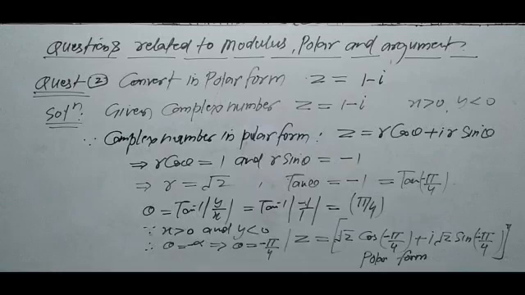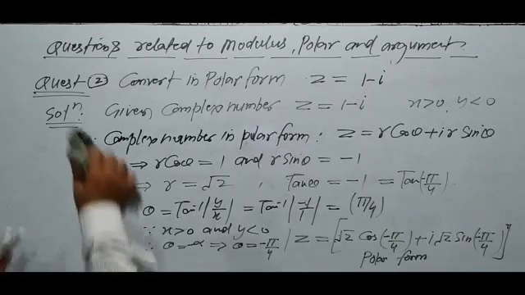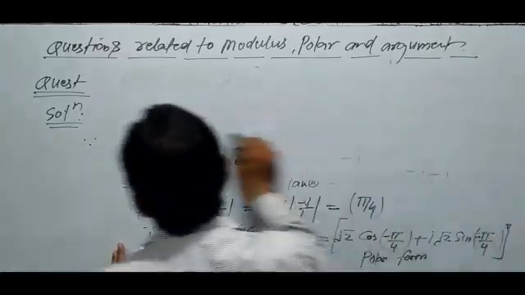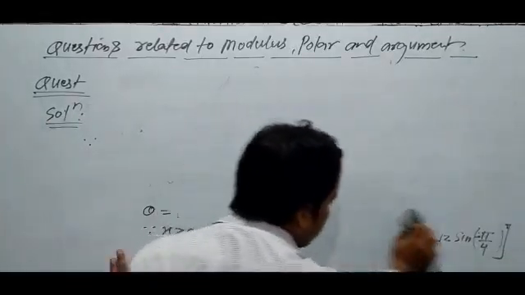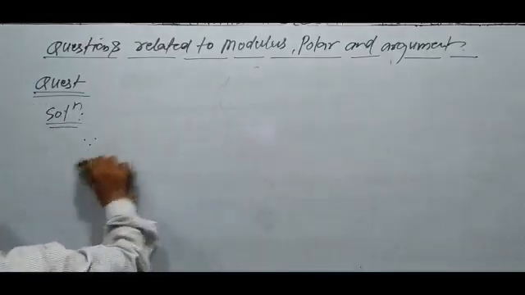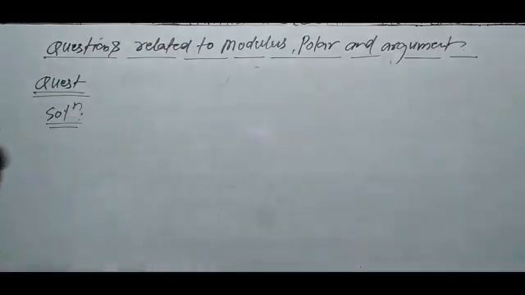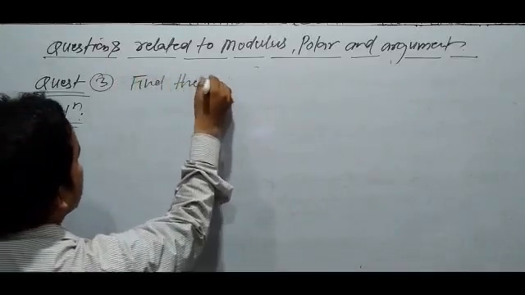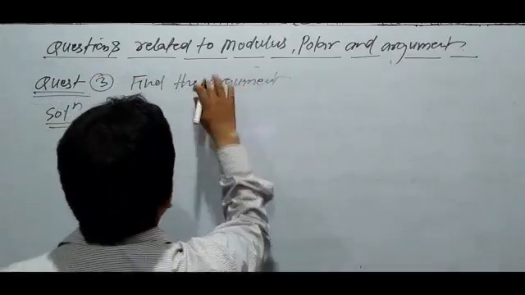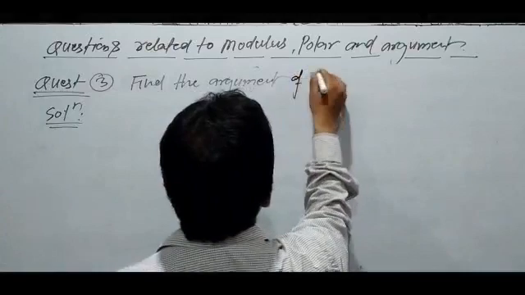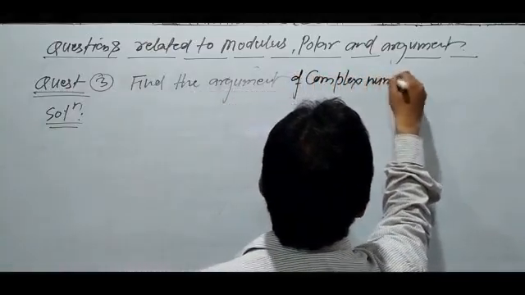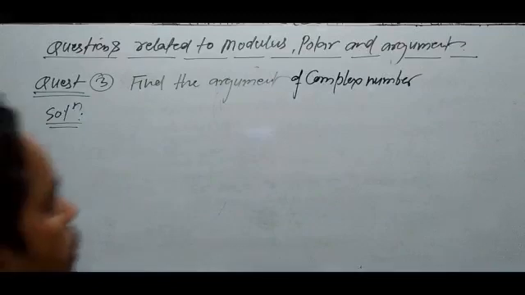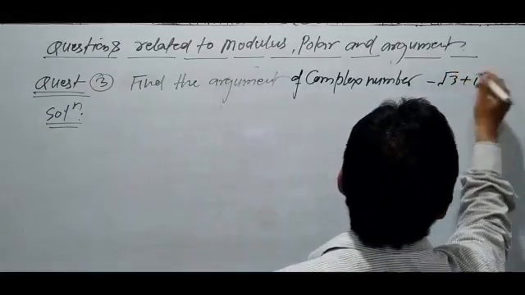Question number 3 is the argument of the complex number, and the complex number given is minus root 3 plus i.